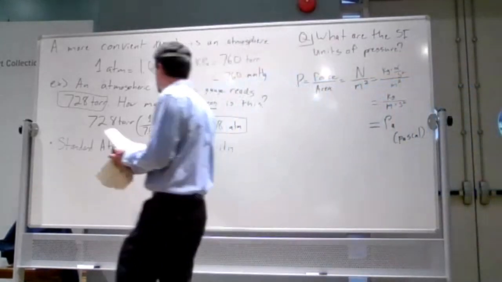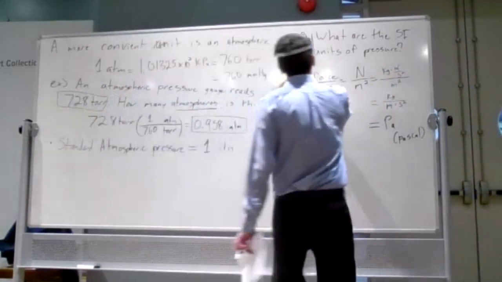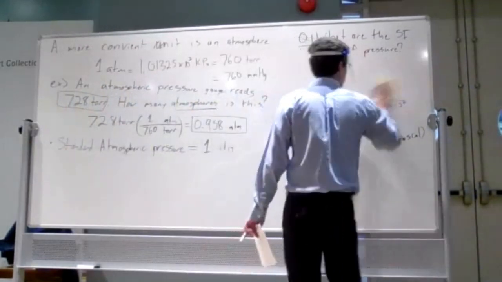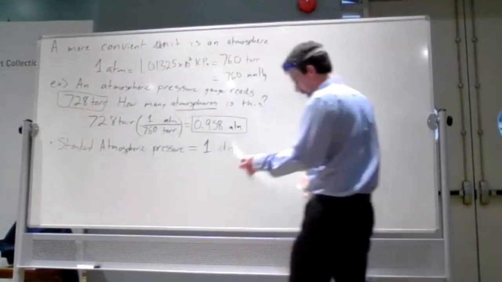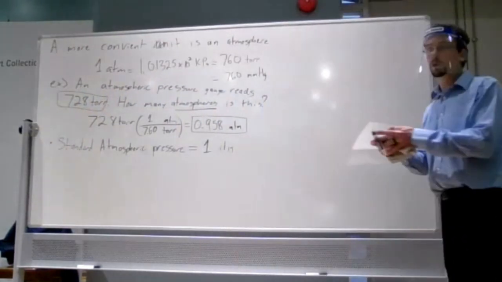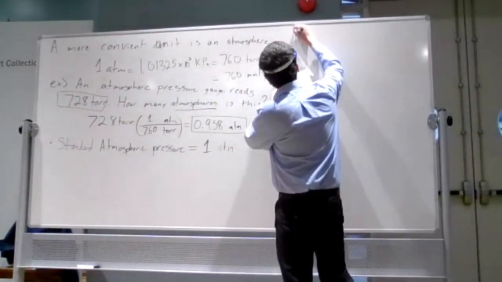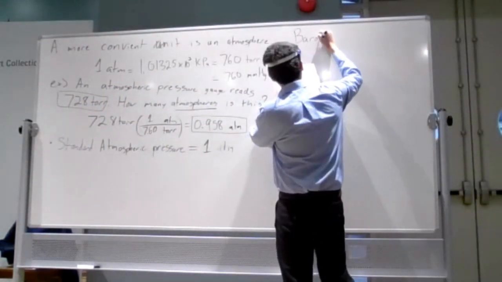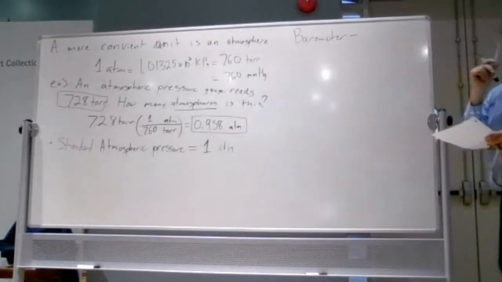Okay. Now, how do they measure these pressures? There's a handful of different gauges you can use to measure pressures, and they operate in kind of cool fashions. The one that we're going to talk about is a barometer. Does anybody know what a barometer is used for?